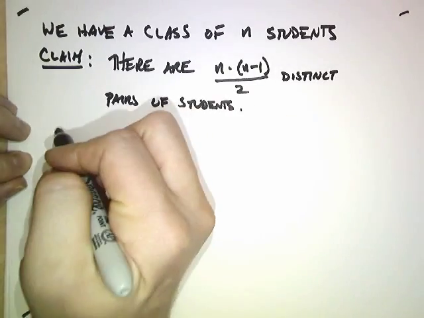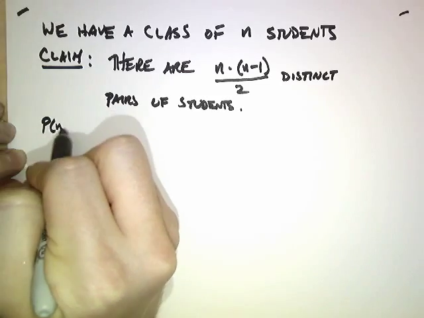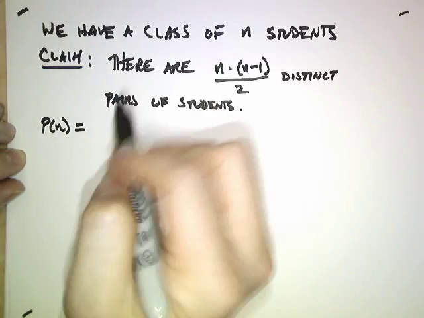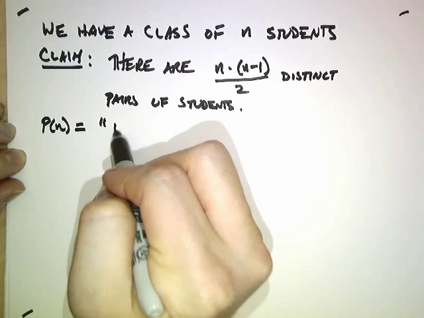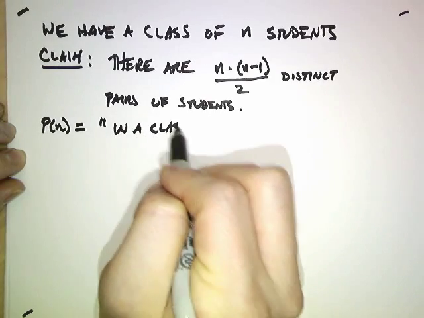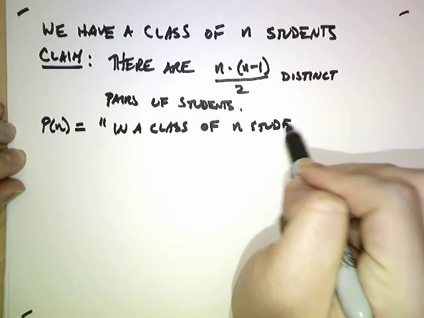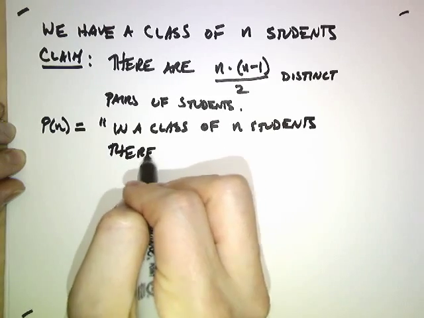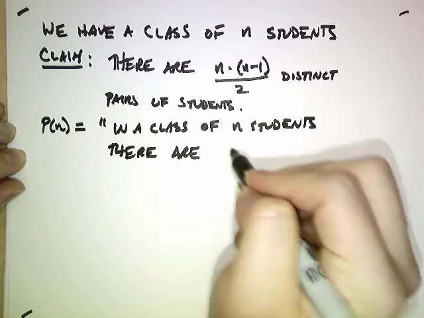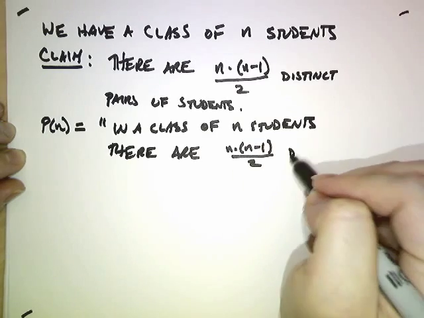So let's let P of n be the predicate that in a class of n students, there are n times n minus 1 over 2 different pairs.